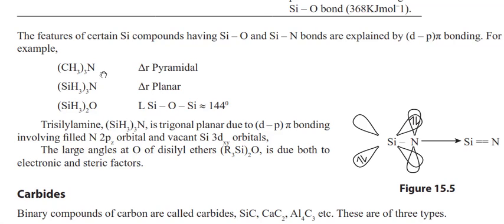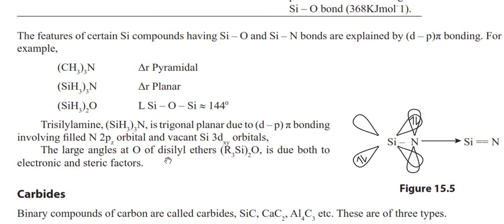Trimethylamine has a pyramidal structure. Similarly, with silicon the structure is planar, and with oxygen it is also a linear kind of structure with a bond angle of about 144 degrees. So trisilylamine is trigonal planar due to d pi-p pi bonding involving the filled nitrogen 2pz orbital and a vacant 3d xy orbital.